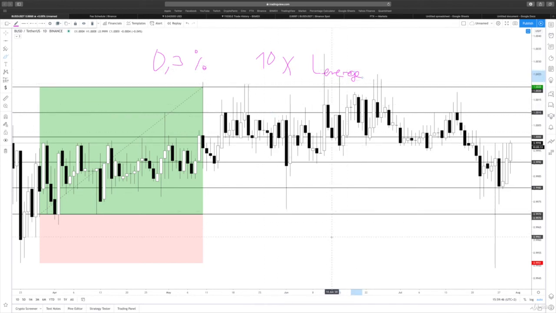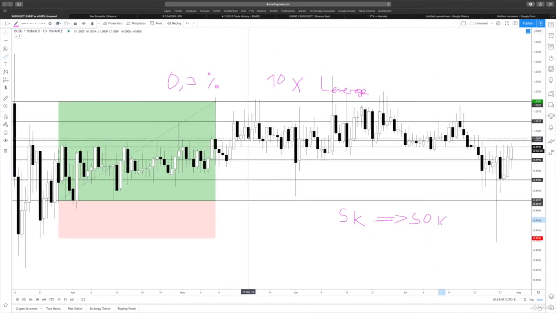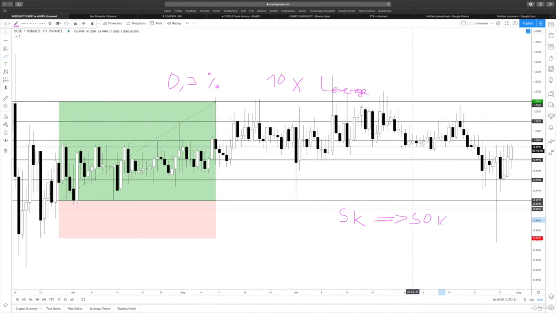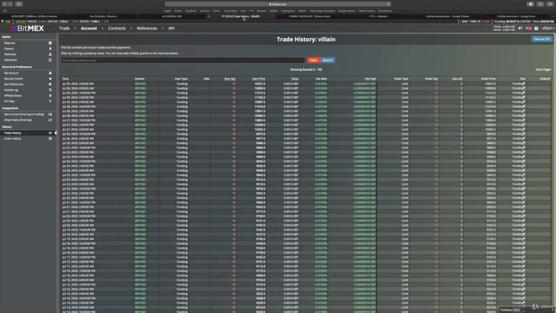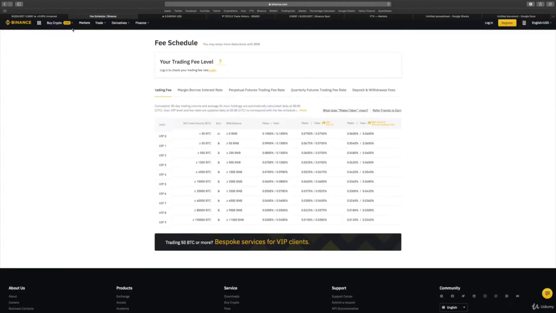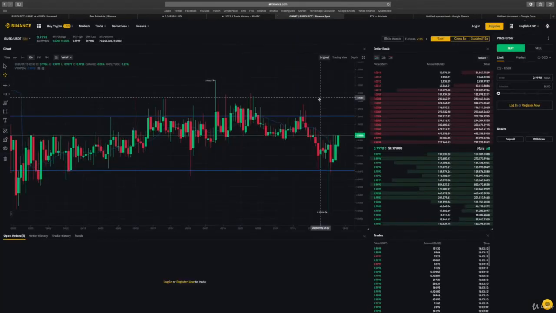So basically, with only 5k, I can open a position with 50k on an asset that isn't moving really much. This requires more work, and it is not passive like BitMEX or like Bitfinex, but this is what I showed you at the beginning, that this is arbitrage.